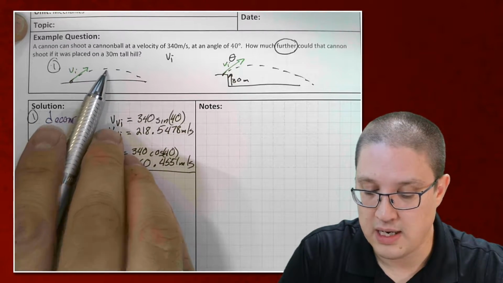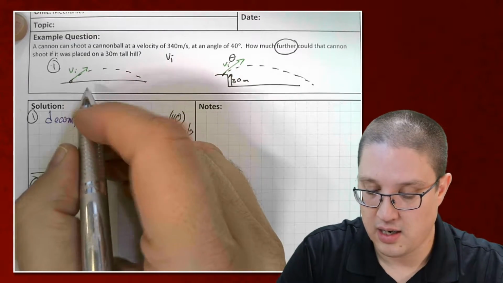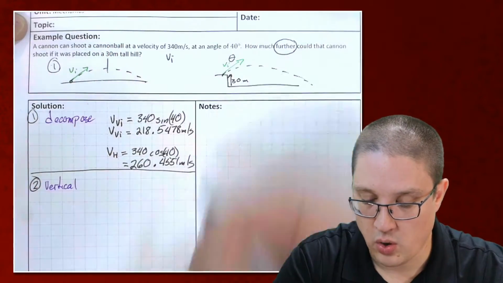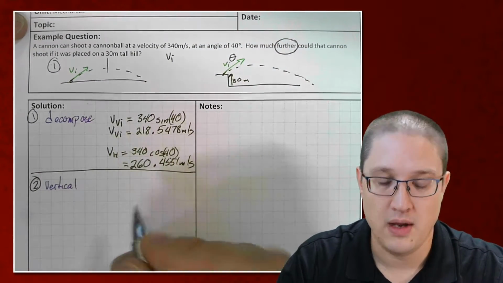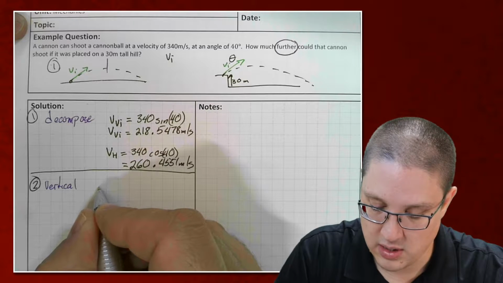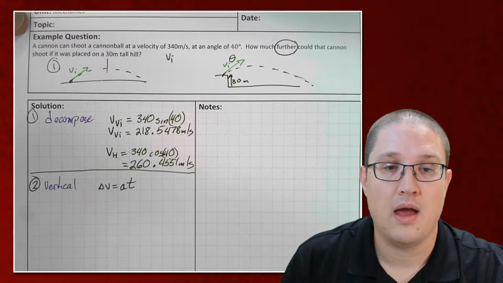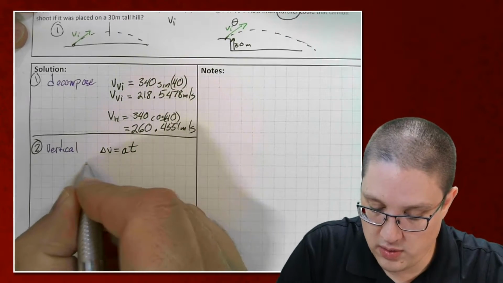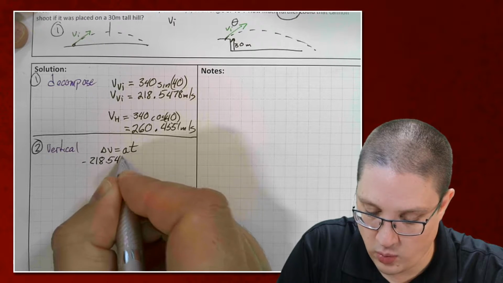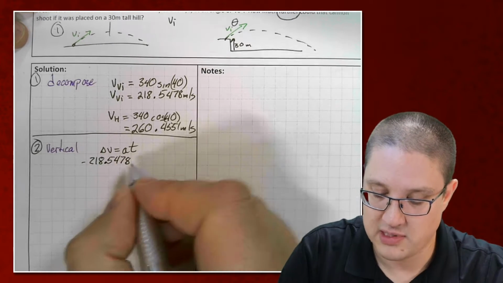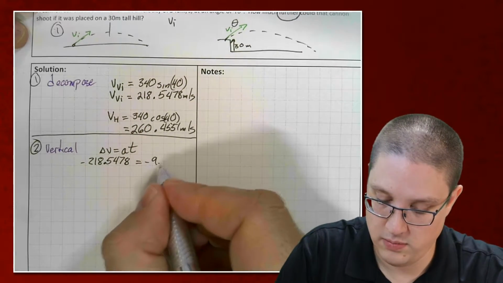My up and my down are the same in this case because I'm landing at the same height as I'm launching from. In this case, I can use delta V equals AT, and I know that my delta V is negative 218.5478 because I'm slowing down from this to 0.